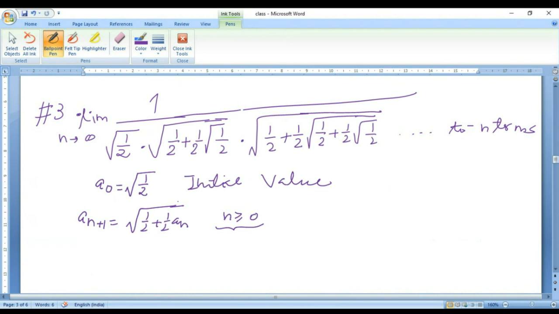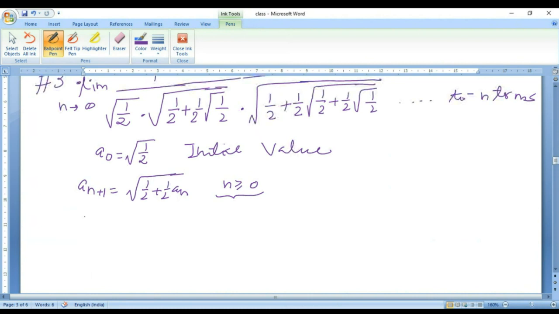If you look closely, then our expression, the huge one, transforms to the limit as n tends to infinity of 1 over the first term, which is a naught, the second term is a1, you got it right, because a1 is half plus half a naught, the third term is a2, and so on.